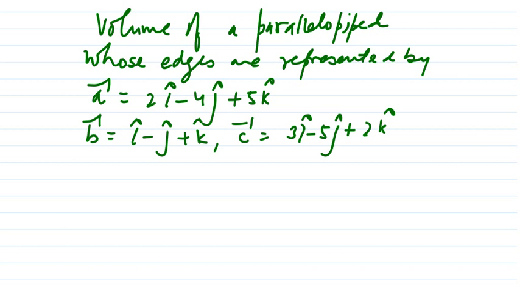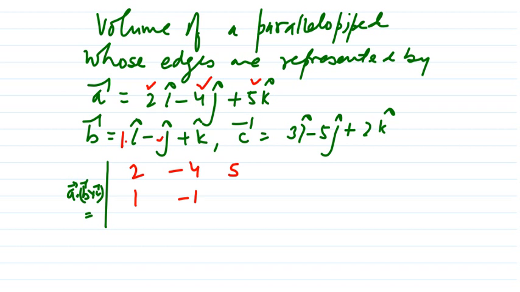So to find the volume of this parallelepiped, we must find the scalar triple product A dot B cross C, and this is equal to the determinant. The components of the first vector are 2, minus 4, 5. The components of the second vector are 1, minus 1, plus 1. The components of the third vector are 3, minus 5 and 2.